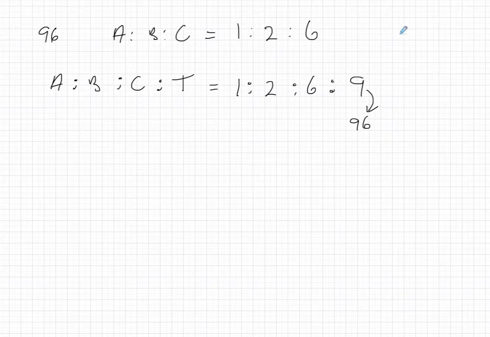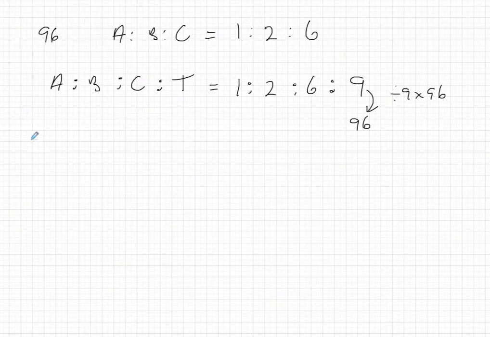Well, that's 96 divided by 9. We can multiply by 96 and divide by 9. So to get from there to there, we could divide by 9 and then multiply by 96, and we might have to use a calculator.